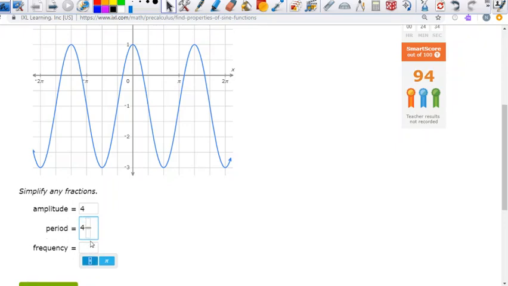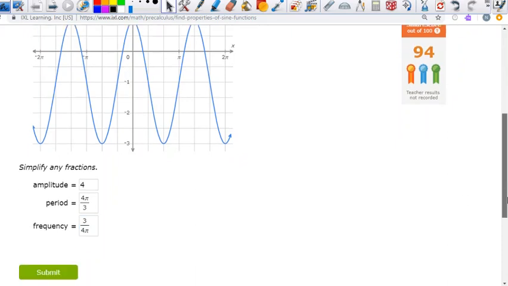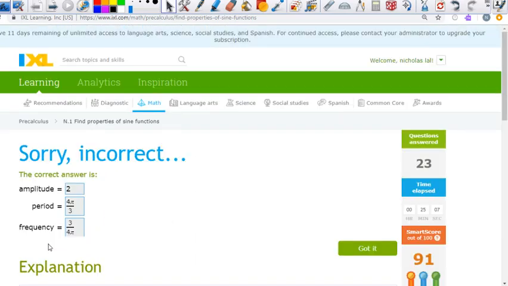Sorry, period is 1, 2, 3, so it's going to be 4 pi over 3. Frequency is going to be 1 over 4 pi over 3, which will be just 3 over 4 pi. So that should just flip the numerator to the denominator.